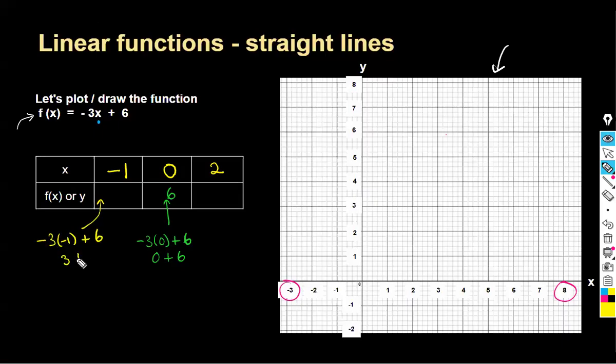Minus times minus gets positive 3 plus 6, which is 9. 9 cannot fit on the y-axis. That is okay. Like I said, it's going to happen to everybody. Well, at least let the 2 work. Let me see if the 2 works. -3 times 2 plus 6. -3 times 2 is -6. You're going to get 0. All right. So we get 2 of them to fit.